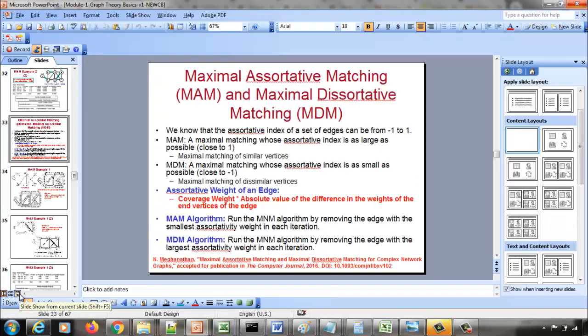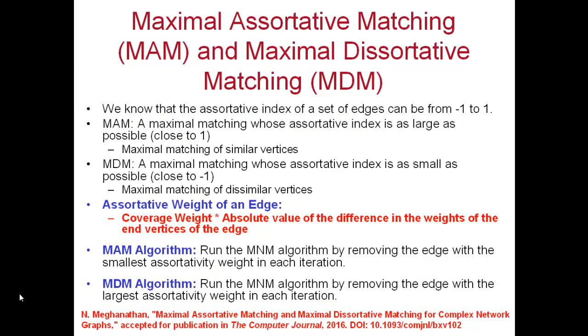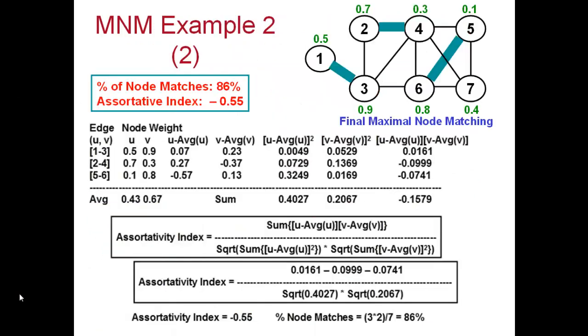Alright, so now what I want to find is, we found out that if you totally discard the node weights and just go based on the coverage weights of the edges, we are able to find maximal node matching.